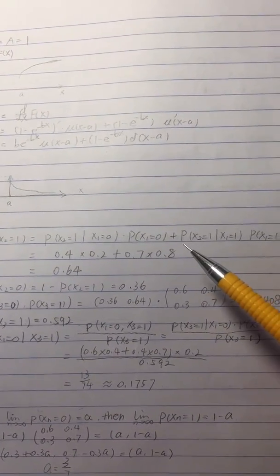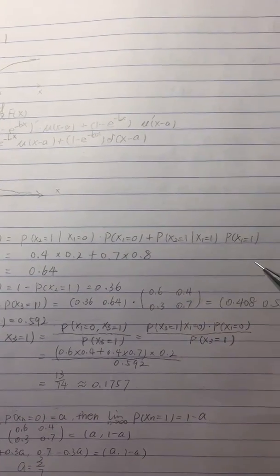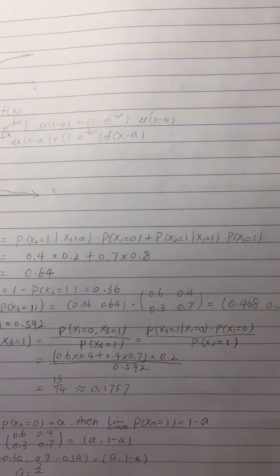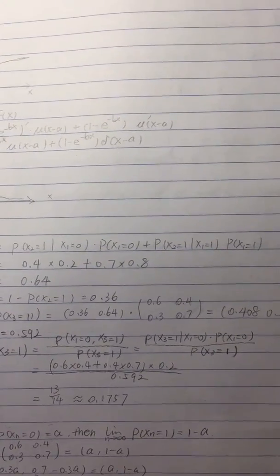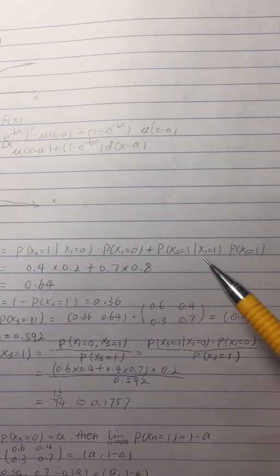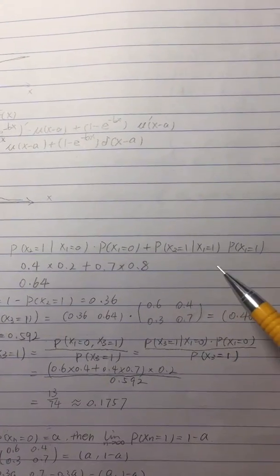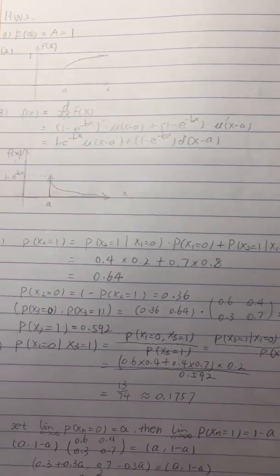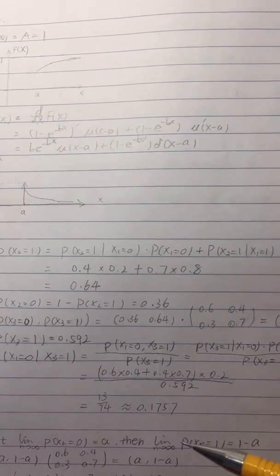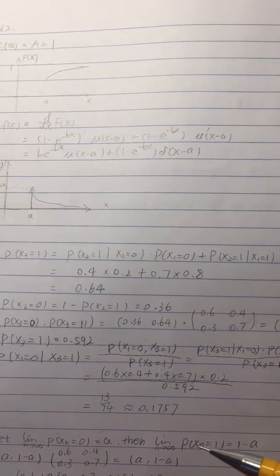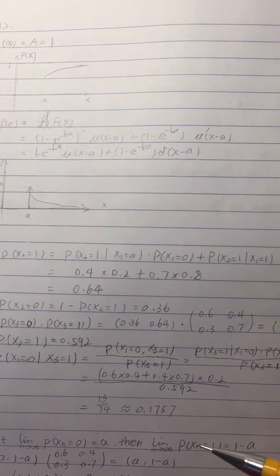And the second part is x1 equals 1. It is the probability of x2 equals 1 when x1 equals 1 times the probability of x1 equals 1. So that is 0.4 times 0.2 plus 0.7 times 0.8 equals 0.64.